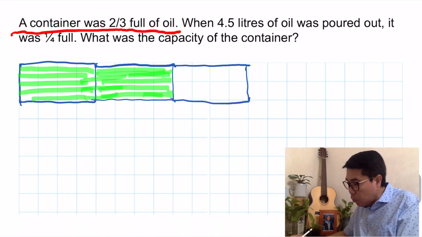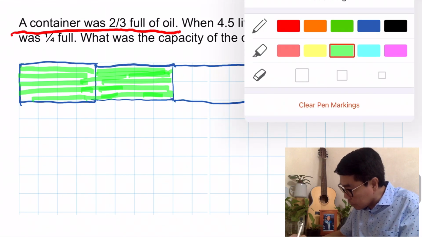Then when 4.5 liters of oil was poured out, it was a quarter full.